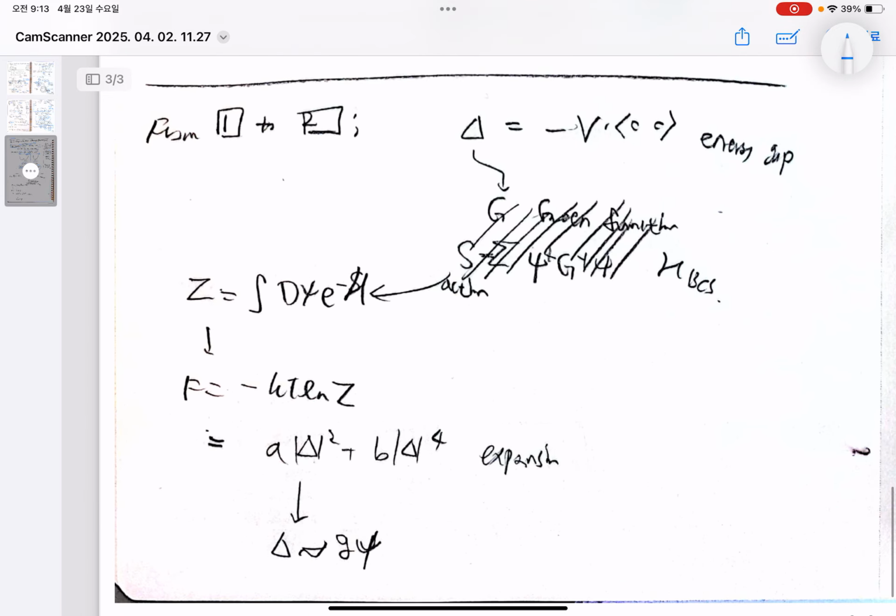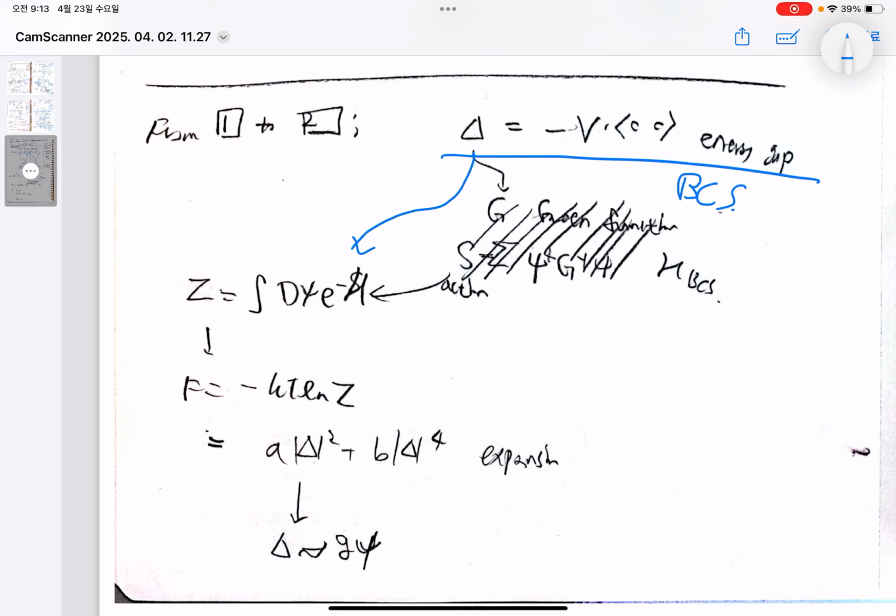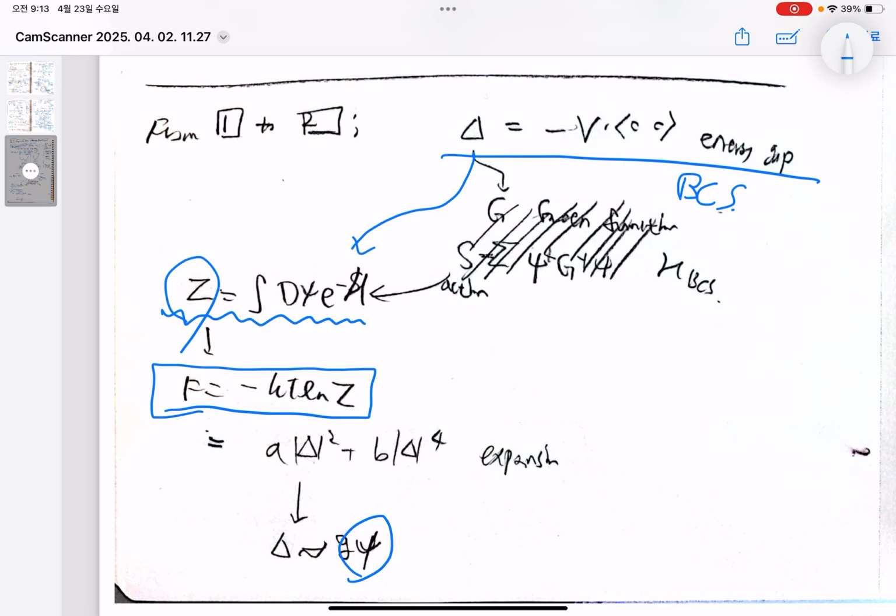First of all, there is the energy gap in the BCS theory. We can construct the Hamiltonian and calculate the partition function. In statistical mechanics, the free energy can be obtained from the log of the partition function Z, and this can be expanded in terms of the wave function, and the free energy has such a Ginzburg-Landau theory form.